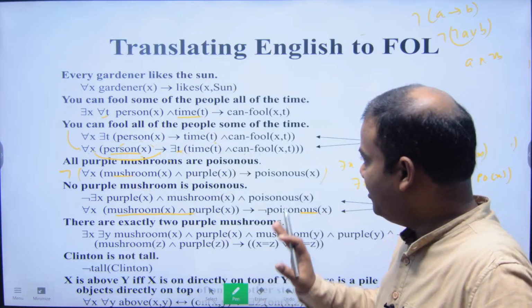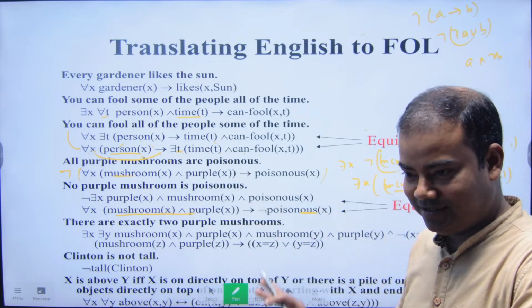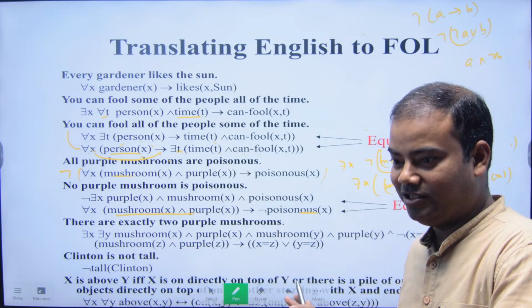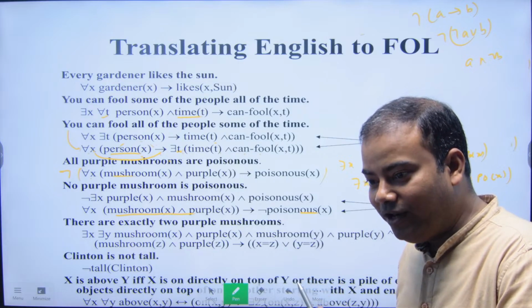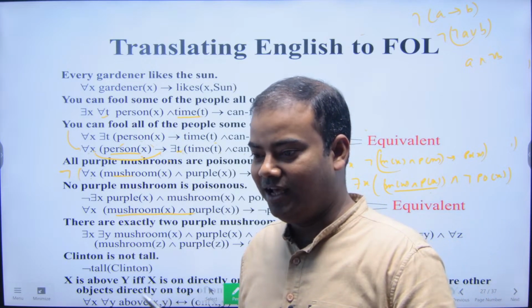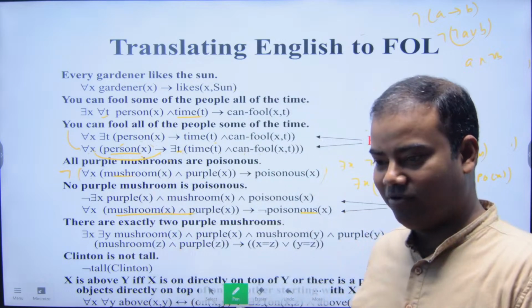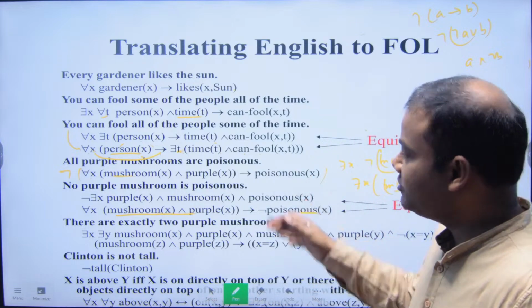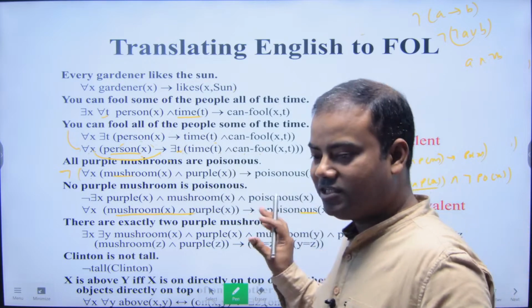That's why separate mathematical logic is there, and we are focusing only on those parts where there is confusion. Otherwise, simple parts we already know, and without this also we can do. So we are focusing here only.